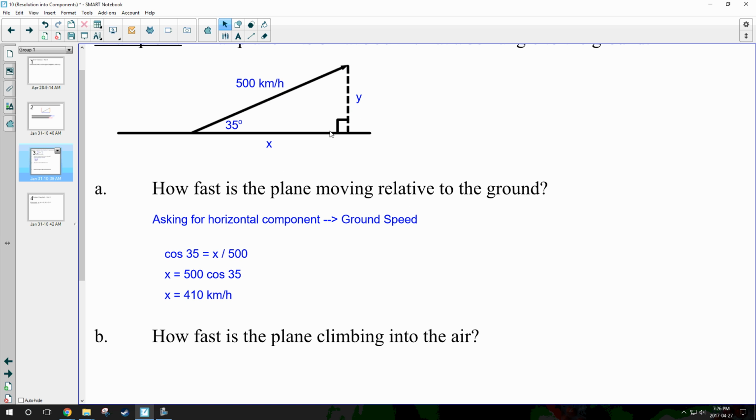And again, because this is a right angle triangle, we can use SOHCAHTOA. We know that y is opposite to our angle, 500 is our hypotenuse, so we use sine.